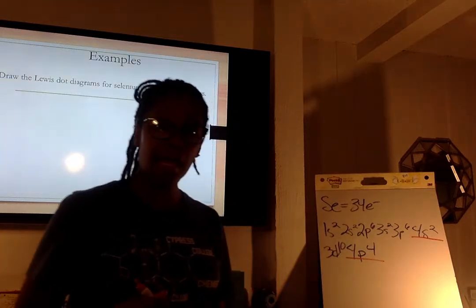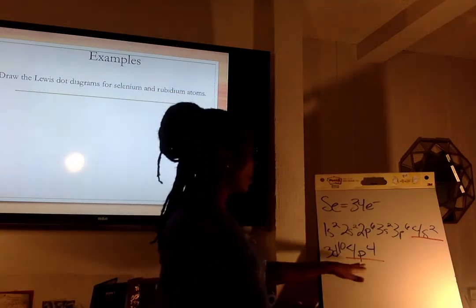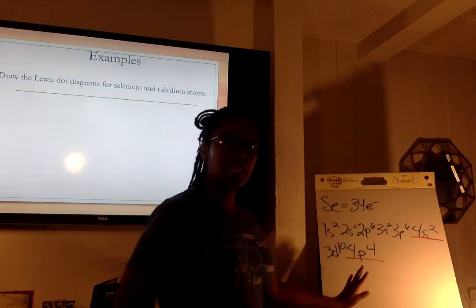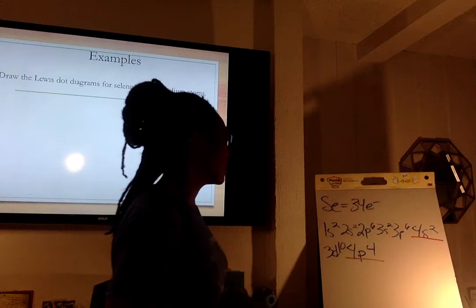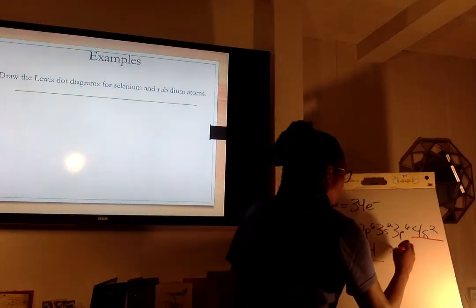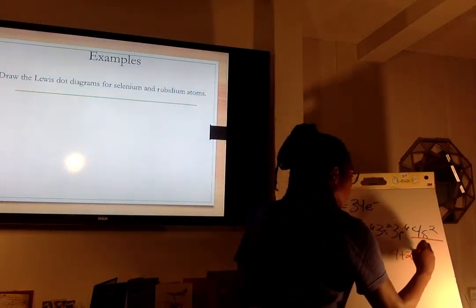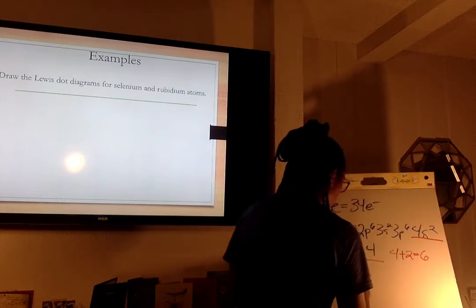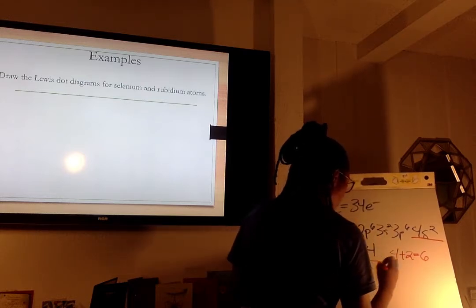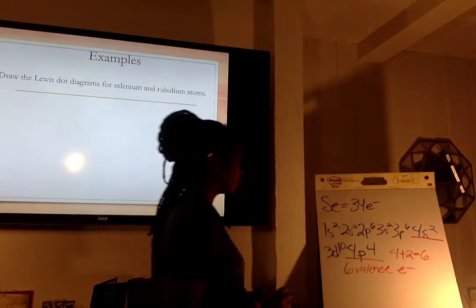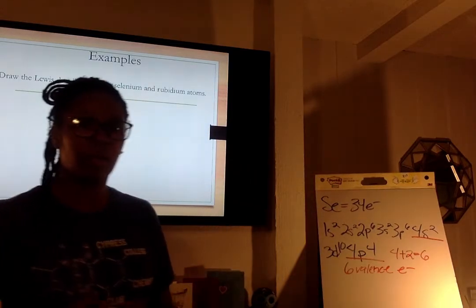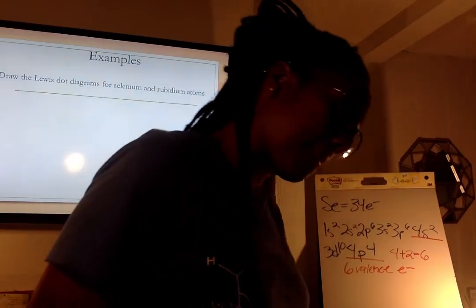Then you add up the electrons in that outermost shell: 2 plus 4 equals 6. So there are 6 valence electrons in selenium.